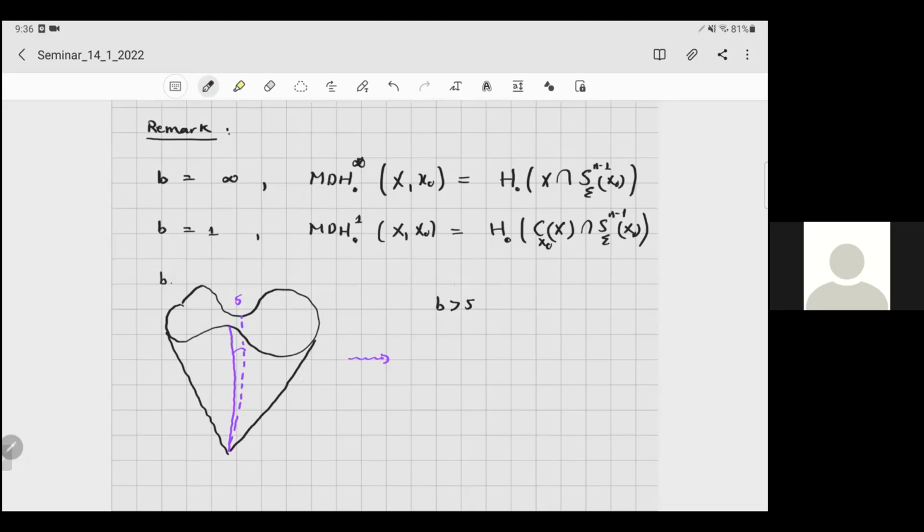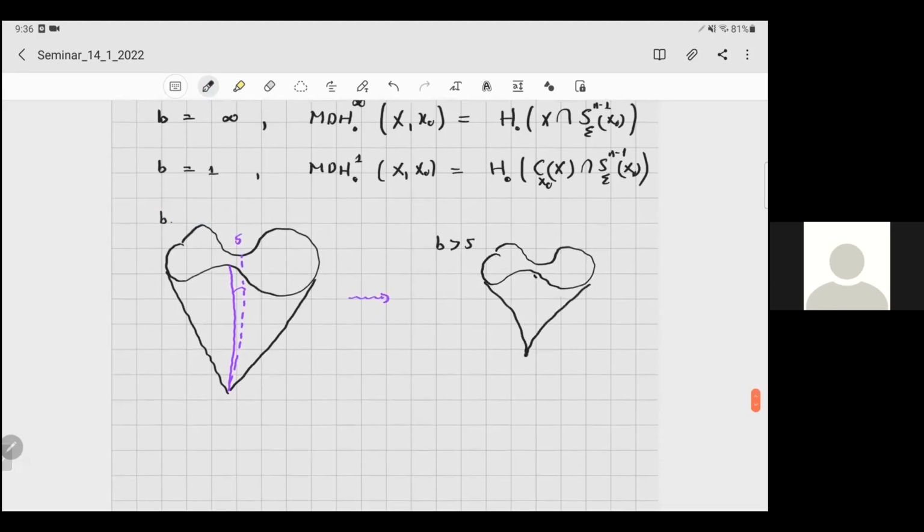After collapsing, I get the same thing, I did not do anything.